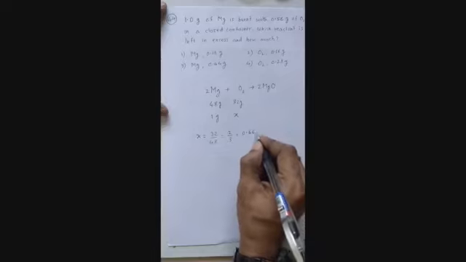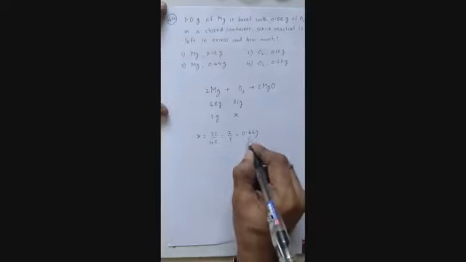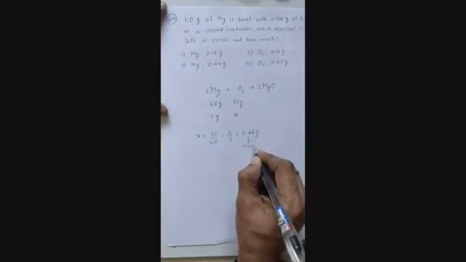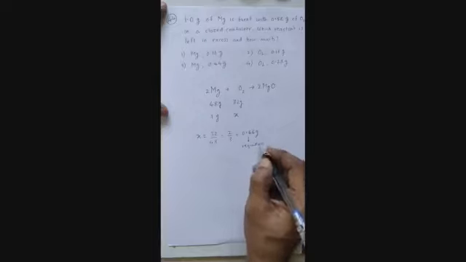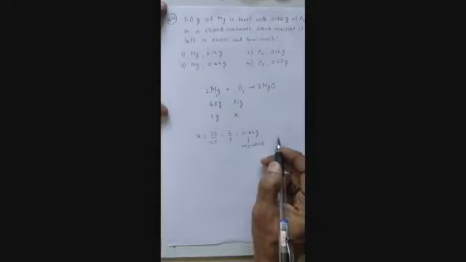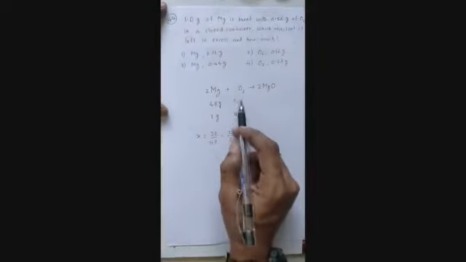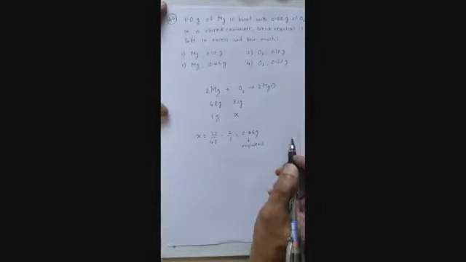Correct now. This much of oxygen is required. But what is the availability? 0.56 grams, correct or not? So oxygen is limiting and magnesium is in excess.